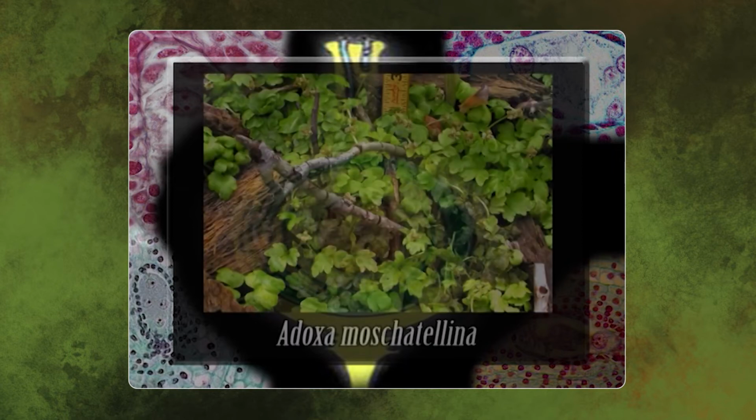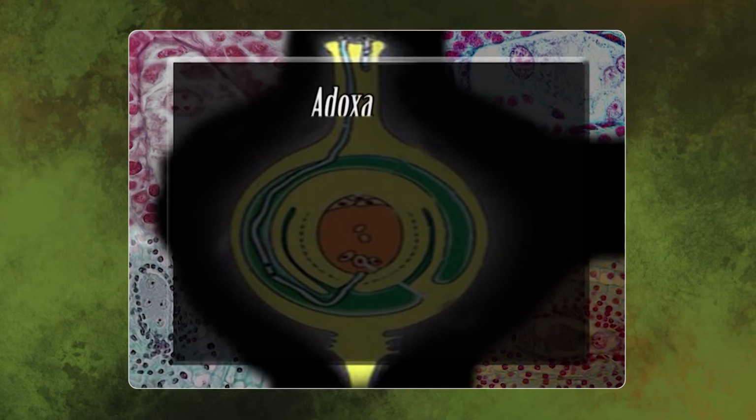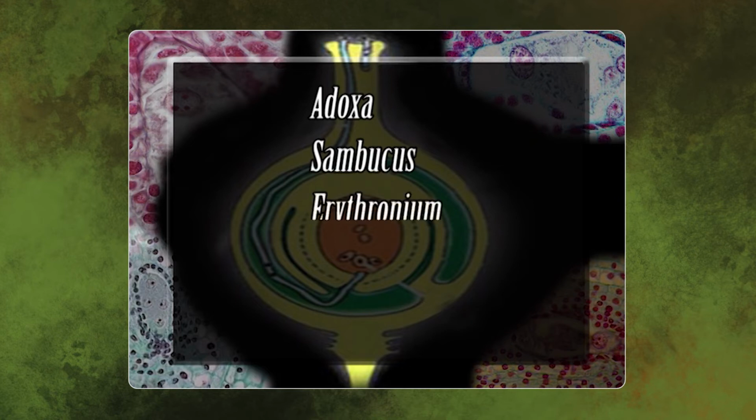It was described for the first time by Jönsson in 1879-1880 in Adoxa moschatellina. There are only 5 genera in which this type of embryo sac development is a more or less regular feature: Adoxa, Sambucus and some species of Erythronium, Tulipa and Ulmus.